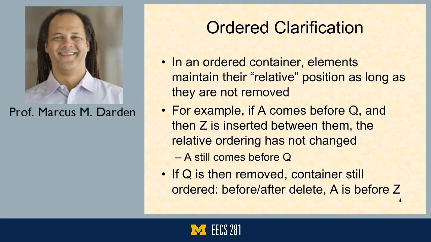So here's my original shelf, I start out with A and Q. Then I insert a Z in there. Now I can see that A is before Q, so the insertion of Z hasn't changed the relative order of A and Q. If I then delete Q, you can see that A is still before Z. The removal of Q hasn't changed that A is to the left of or before Z. So that's really what we're talking about in an ordered container: adding or removing items doesn't change the relative locations of existing items in the container.